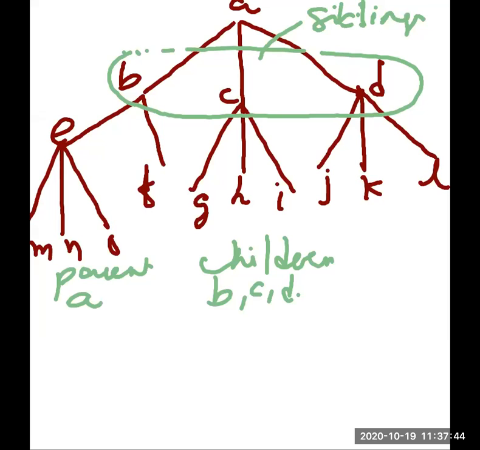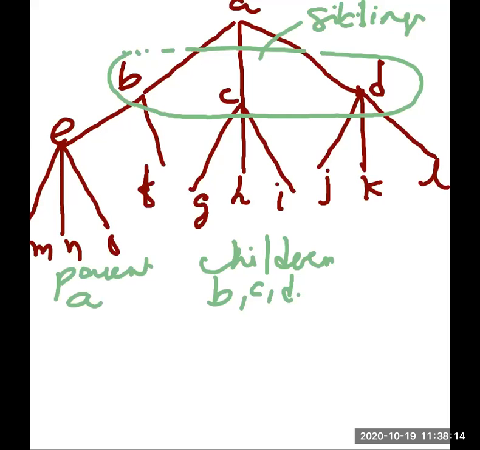Now, B and A are called ancestors of E. C and A are ancestors of G, H, and I. M's ancestors are E, B, and A. So the ancestors of a vertex other than itself are the vertices in the path from the root to this vertex.